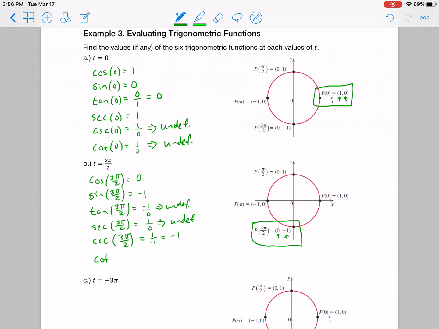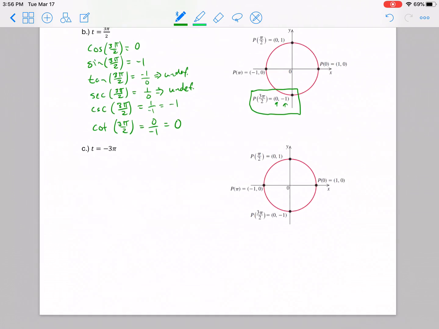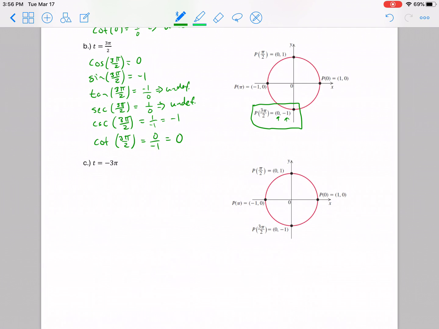And then we'll have cotangent of 3 pi over 2, which is going to be 0 over negative 1. It's the reciprocal of tangent, which was negative 1 over 0, which is just going to equal 0. All right? I'm going to leave you with the last one to do, but I'm going to give you this little hint here, even though by the end of this lesson you should kind of know what it means.